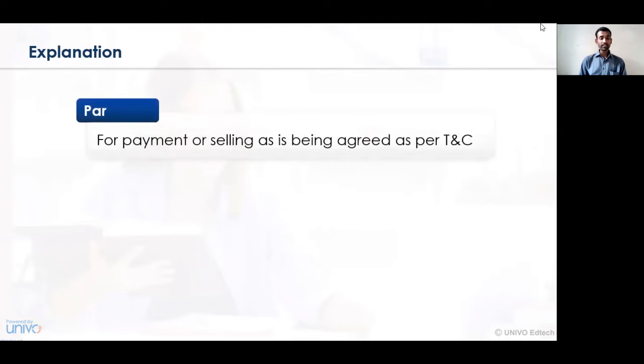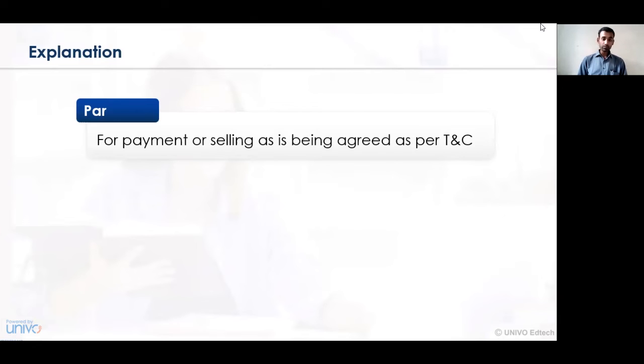First thing, we'll look at the concept of par. The concept of par applies where the payment or selling of a product is done as per the terms and conditions of the contract. Here in this case, I'll give you an example. If a particular person sells a policy which was designated for rupees 1000, and the respective consumer, the insurance service taker, has paid rupees 1000.